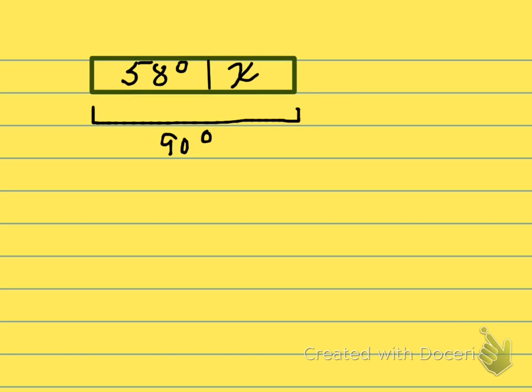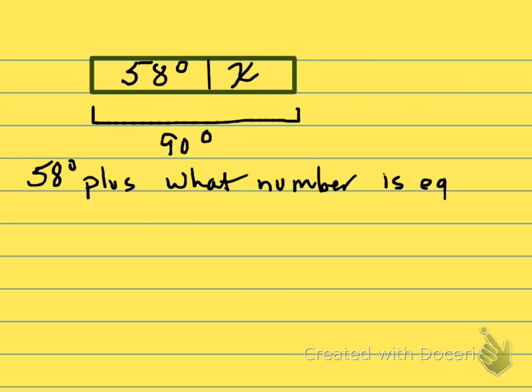So I want you to think about this. 58 plus what number is equal to 90? 58 degrees plus what number is equal to 90? That is what my bar model is representing.